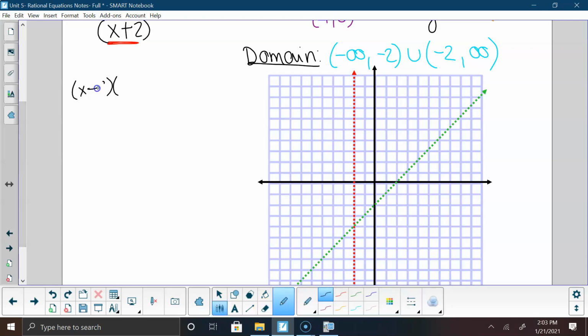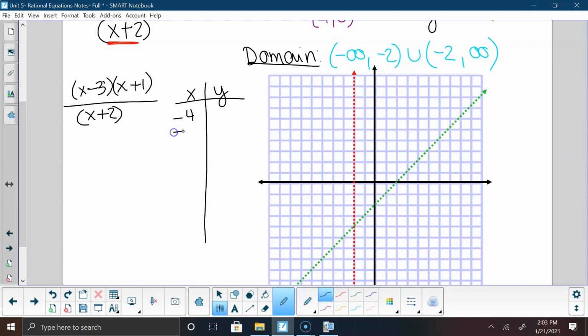So x, is it plus 3 or minus 3? And remember, you guys don't have to go like -4 to 4 when you do it. It's just right now. All right. So what kind of stuff can I fill in on here?